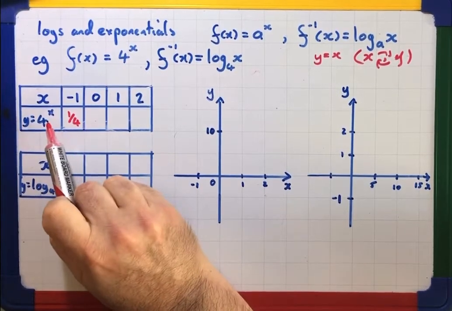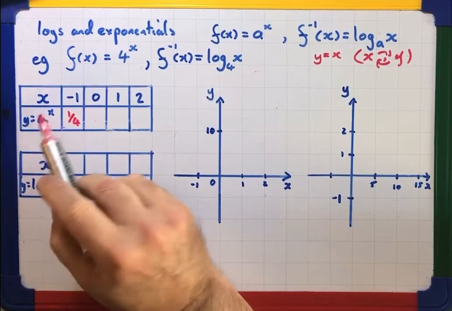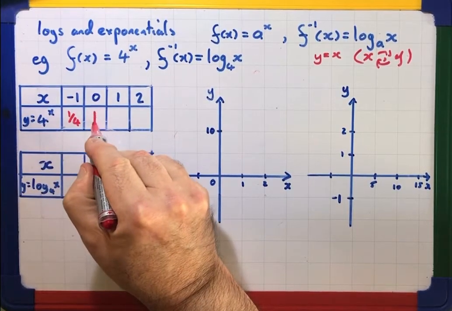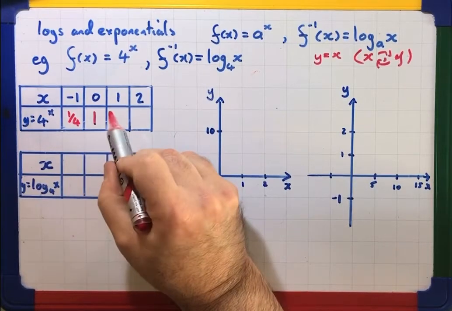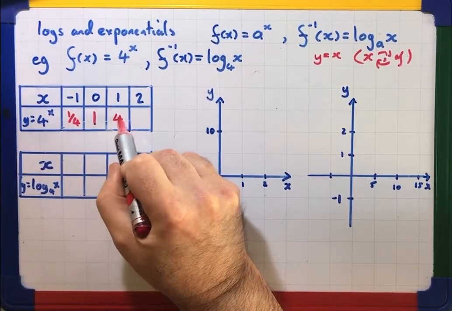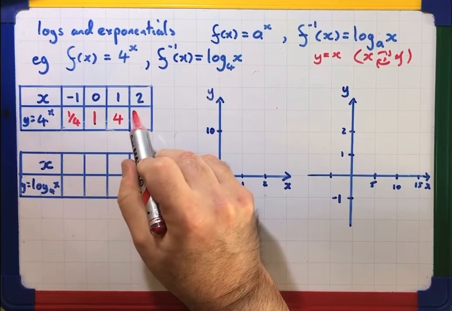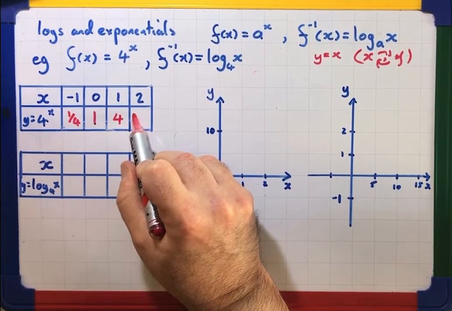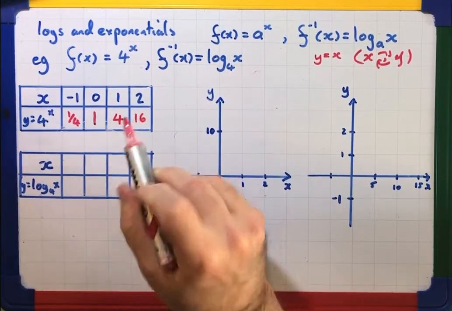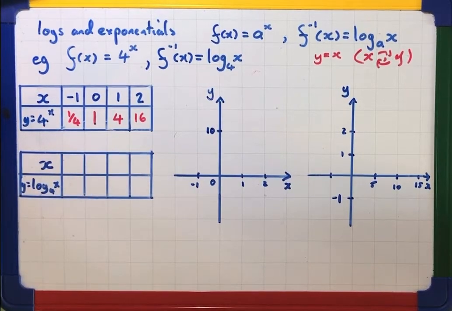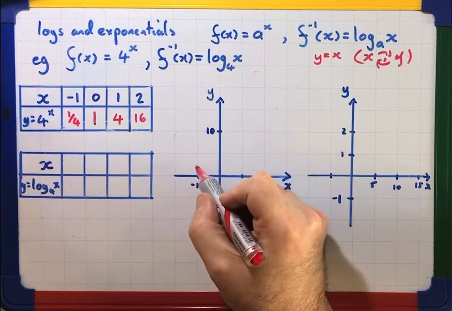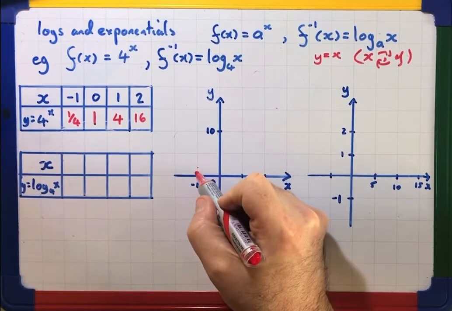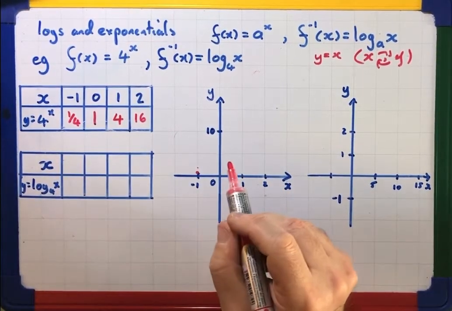If I put 0 in here, remember, anything to the power 0 is just 1. And if we put 1 in there, we're going to get 4 to the power 1, which is 4. 2 in there would be 4 squared, which is 16. You can see these things grow very rapidly indeed. So if I was going to plot that, we've got minus 1, a quarter, which is way down near the axis, but not on it.